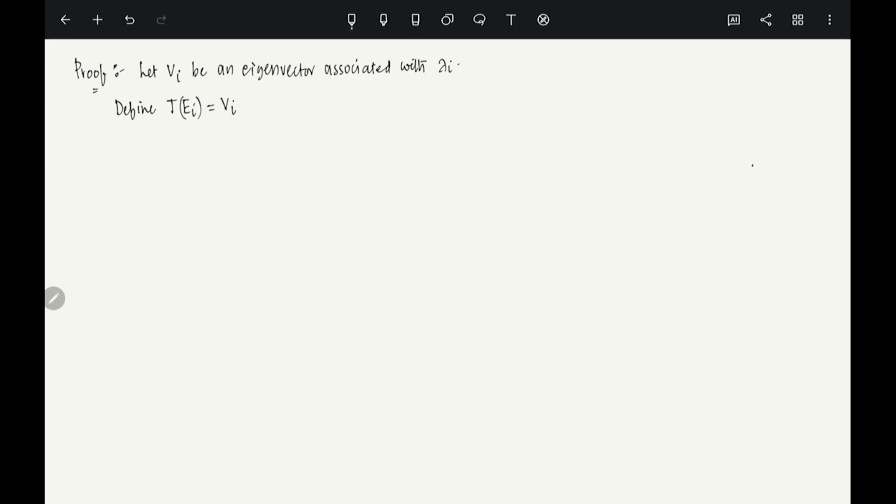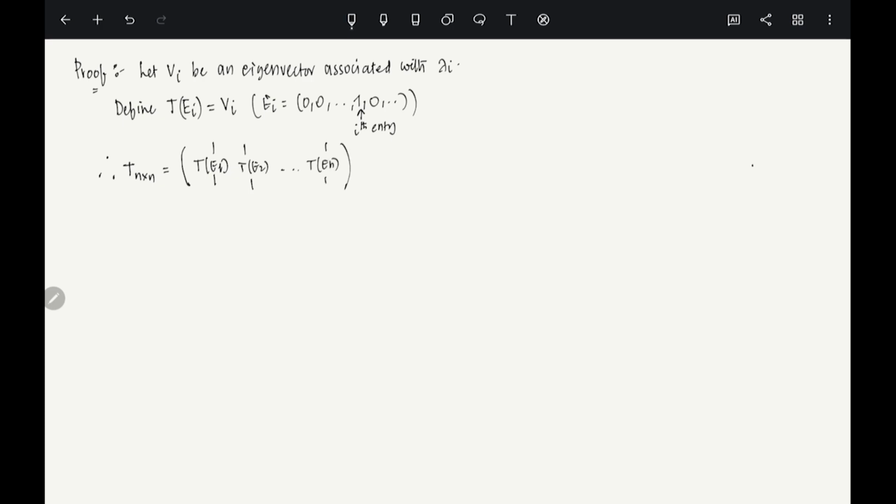So when you define T of Ei to be Vi, what is Ei? Ei is nothing but 0, 0, 1 on the ith coordinate entry, and then 0. This is the ith standard basis vector. Now if you write T as an n cross n matrix, it is nothing but T of E1, T of E2, up to T of En.